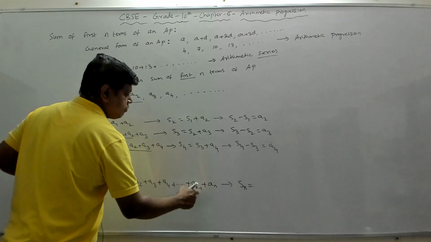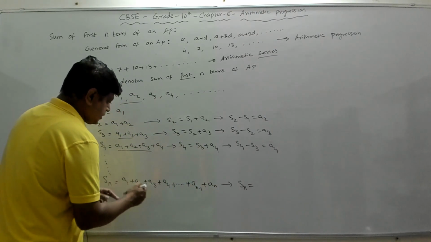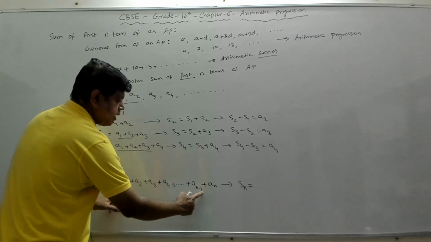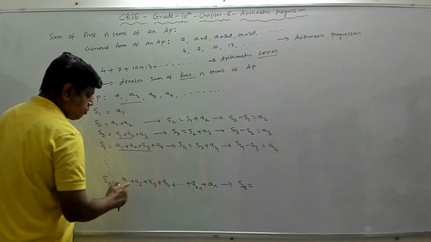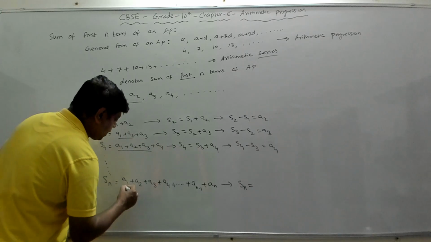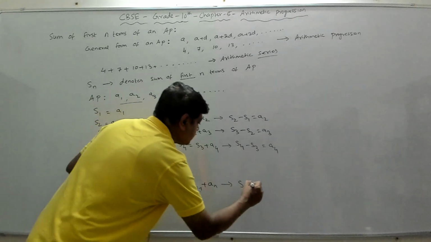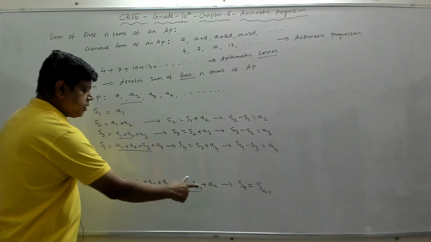A1 plus A2 plus A3 till An minus 1 is the sum of the first n minus 1 terms. If I count, n minus 1 terms are there. So this is Sn minus 1, plus An.